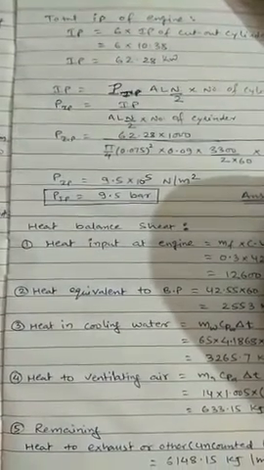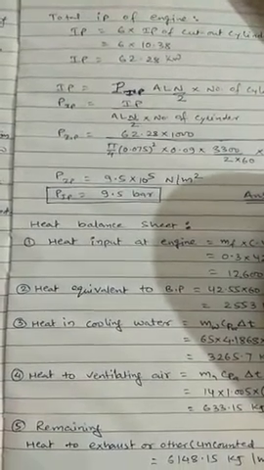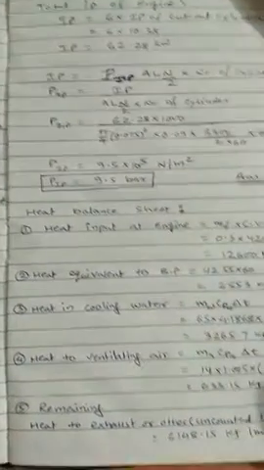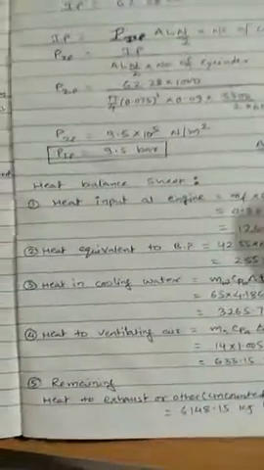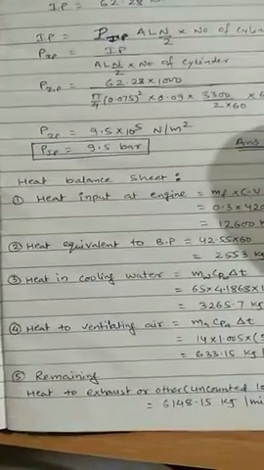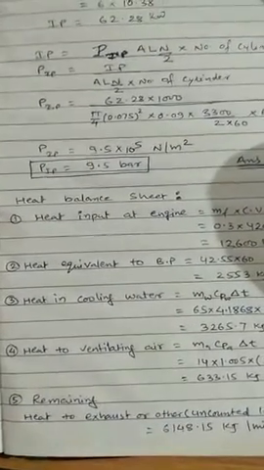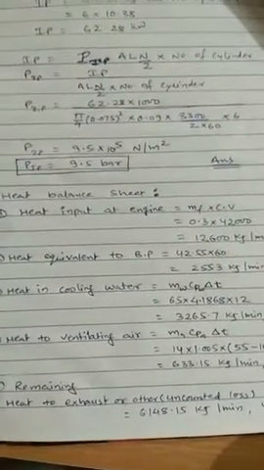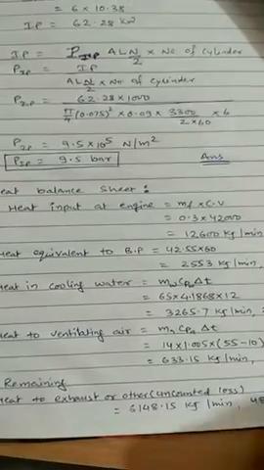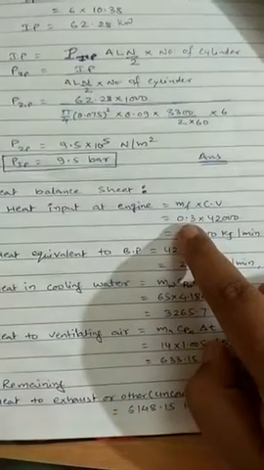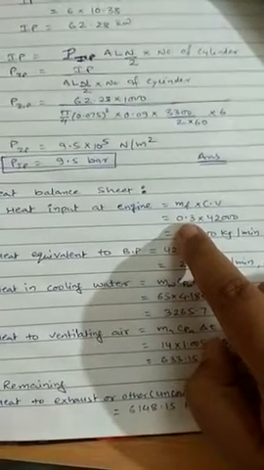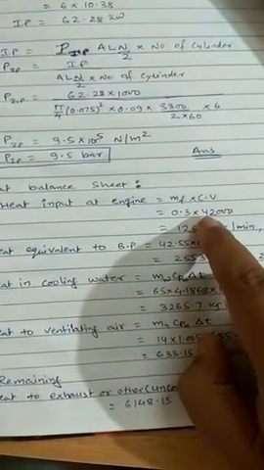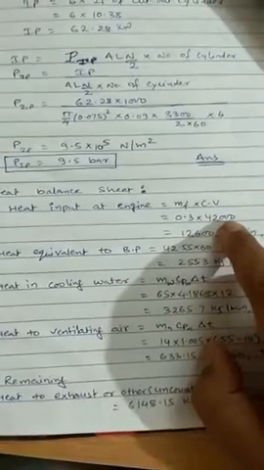After finding the indicated mean effective pressure, we draw the heat balance sheet. First of all, we find the heat input to the engine. Heat input is mass of fuel into calorific value. Mass of fuel is 0.3 kg per minute, into calorific value 42000.